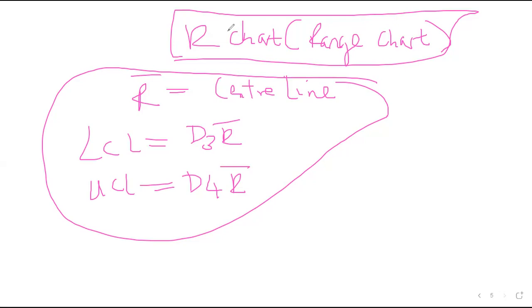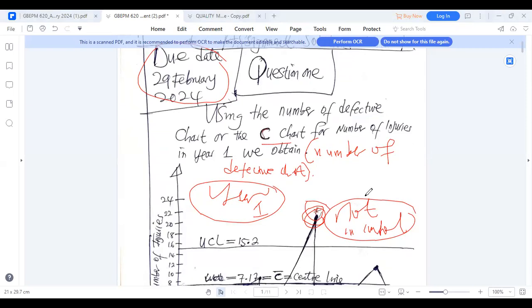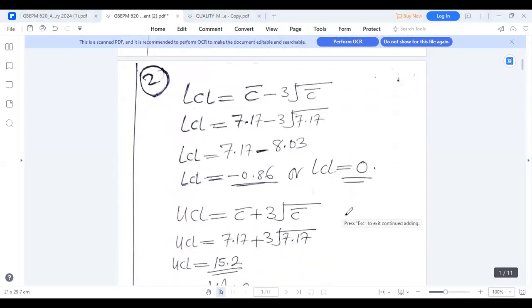So it's above the upper control limit. So meaning that this process is not in control.